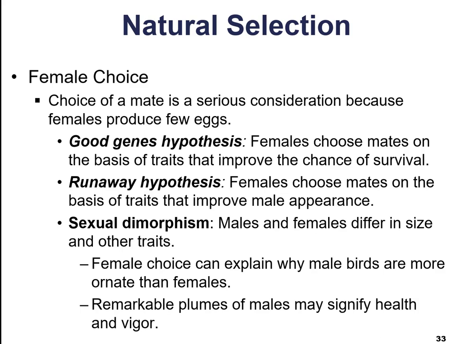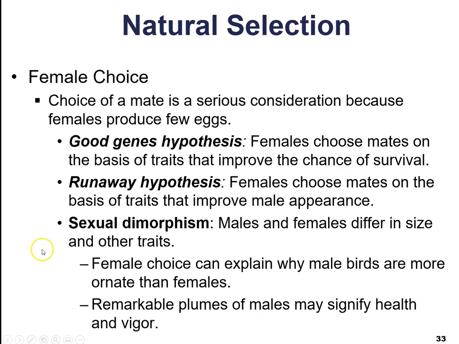So just to go a little more with that, something called female choice. The choice of a mate obviously is pretty important, especially in certain species, and more important to the female because they produce fewer eggs. The male produces lots and lots of sperm, but for the female, there's a limit. And so the idea is that females are really the ones directing this and choosing the mate.